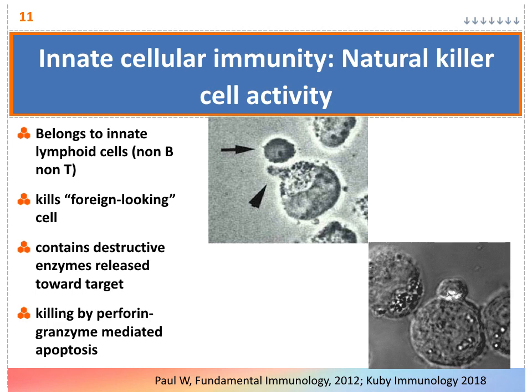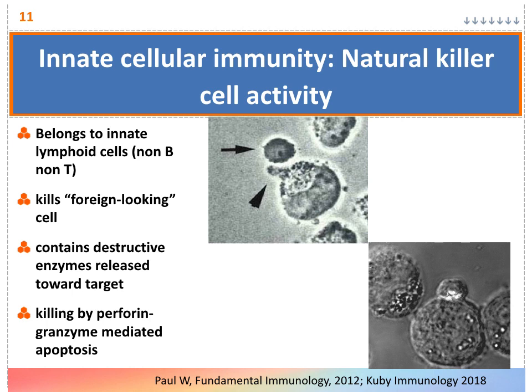Now, the natural killer cell contains destructive enzymes like perforins or granzymes. So perforins and granzymes are released from natural killer cell when it makes contact with the target cell. In the illustration, the small cell with the arrow pointing to it is a natural killer cell, and you see the big cell, which is the target.